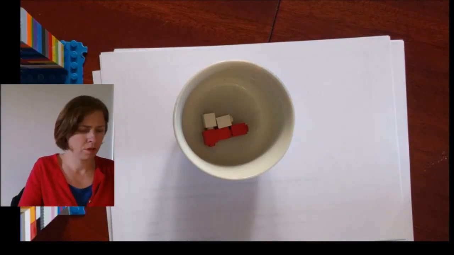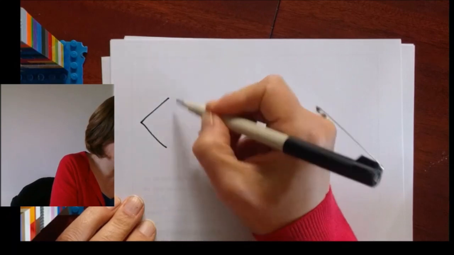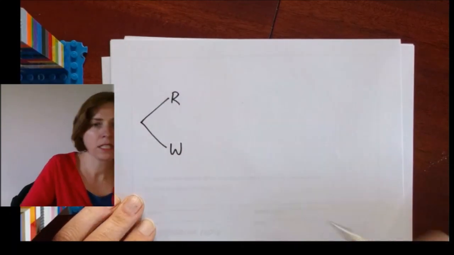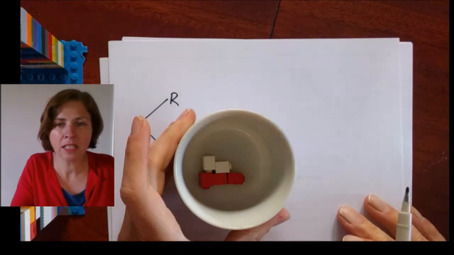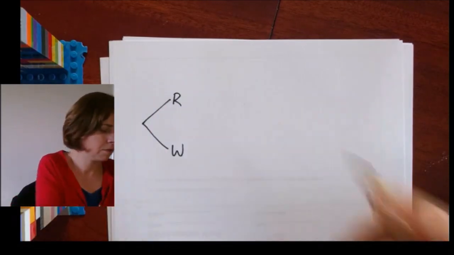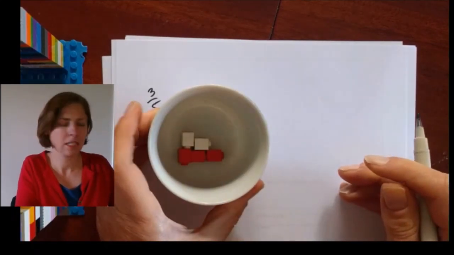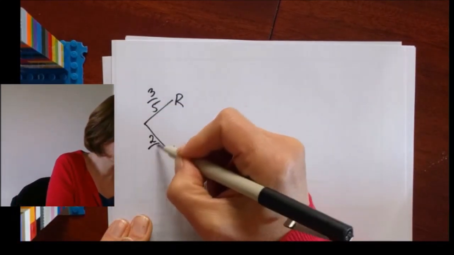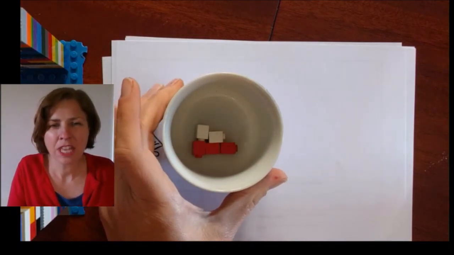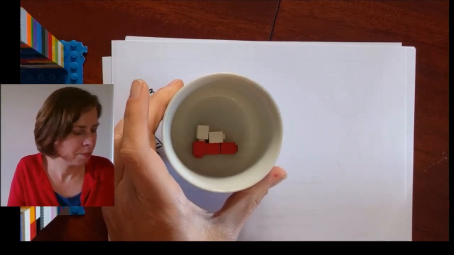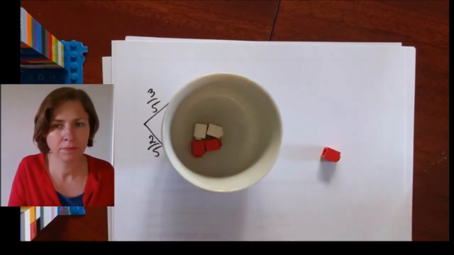My first branches of the tree will be the same. I can either go red or I can go white, okay? Chances of red, 3 out of 5. Chances of white, 2 out of 5. All right, now we have to think, what would happen if I take a red one the first time?